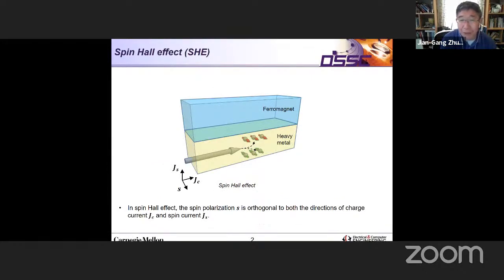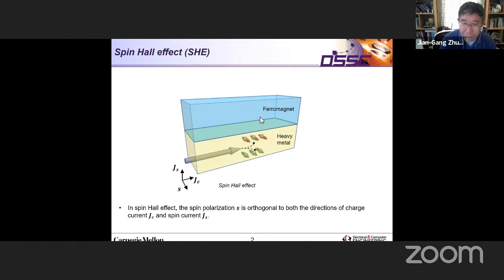Just a little bit of introduction of the spin orbital torque. We're talking about the spin Hall effect in heavy metals. If you have a ferromagnetic thin film on top of a heavy metal layer and you inject current, the spin Hall effect injects spins into the ferromagnet, and in this configuration the injected spins are horizontal.